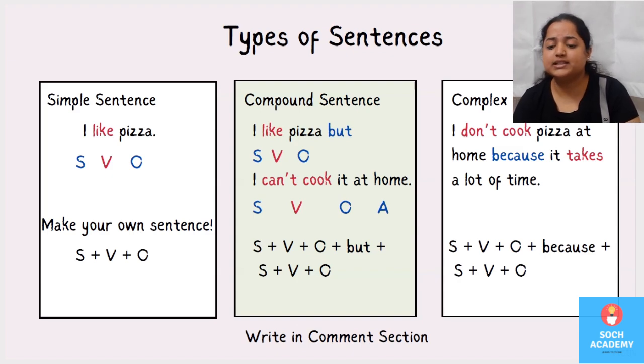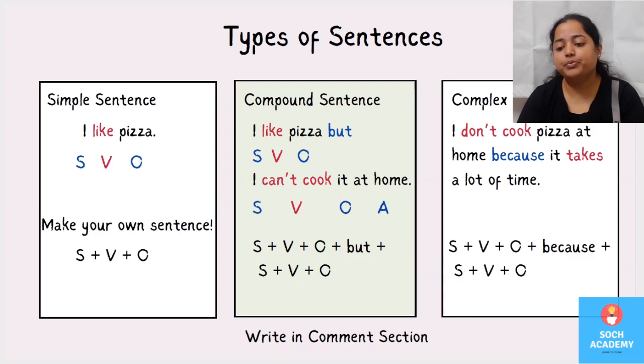Now complex sentence, I don't cook pizza at home because it takes a lot of time. Here also we have two verbs, don't cook and takes, so it means that there are two clauses. But look at the conjunction, it is because. Is because a FANBOYS conjunction? No, it is not. So it is a subordinating conjunction, which means that one of these clauses is an independent clause and one of them is a dependent clause.